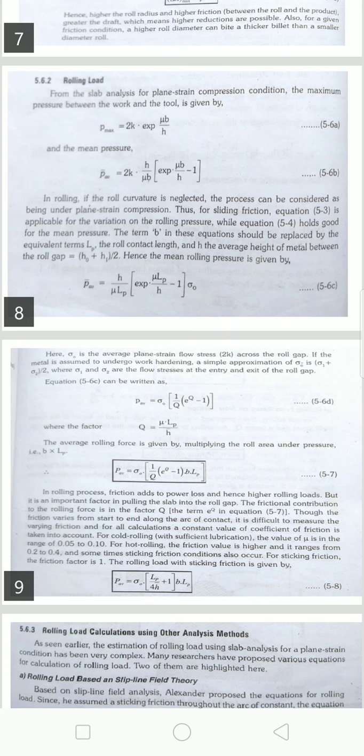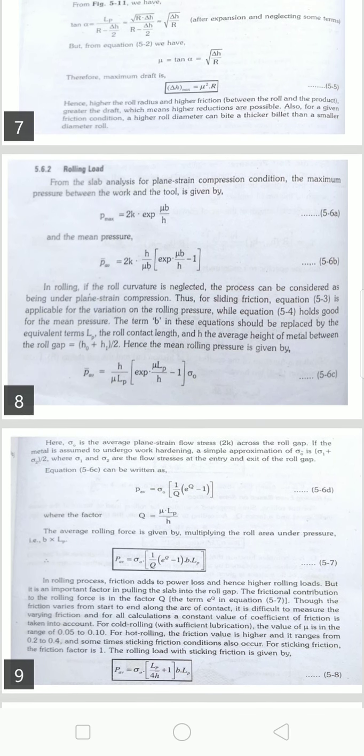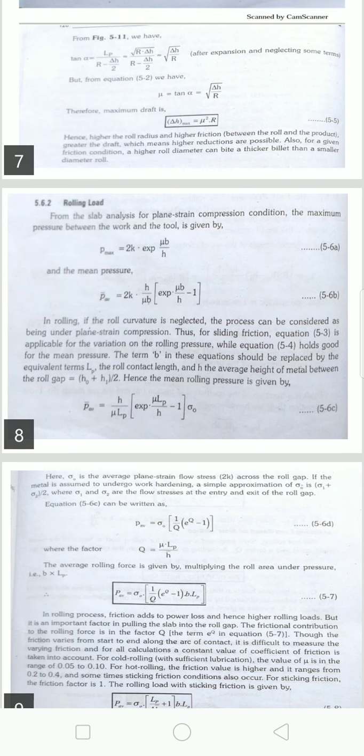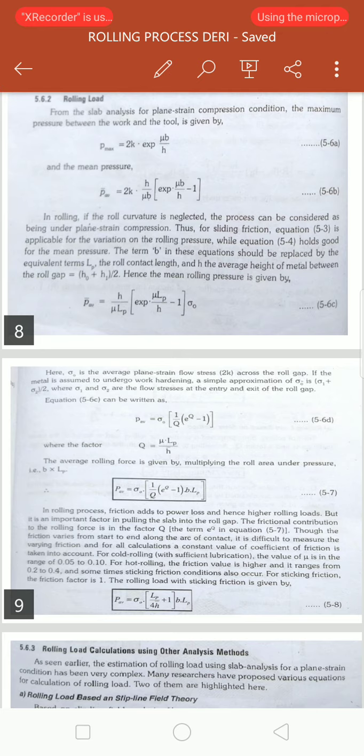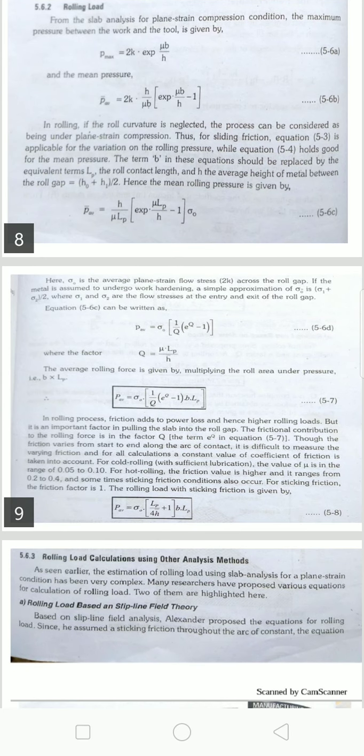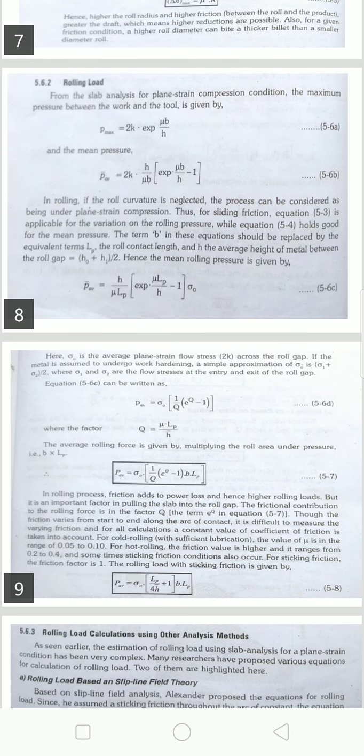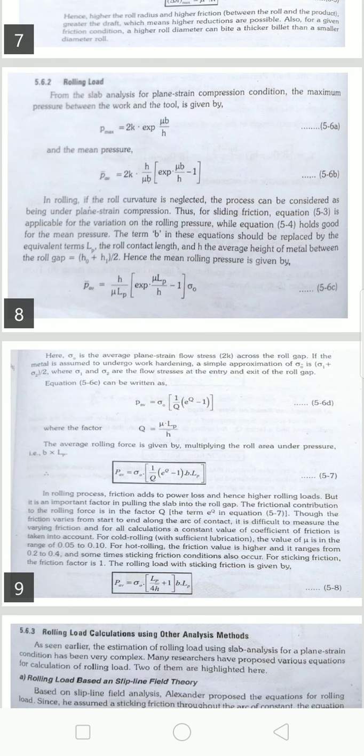Hence the mean roll pressure is given by P bar average is equal to H by mu LP into exponential mu LP by H minus 1 into sigma naught. That is equation 5.6c. Here sigma naught is the average plane strain flow stress, that is 2K, across the roll gap.